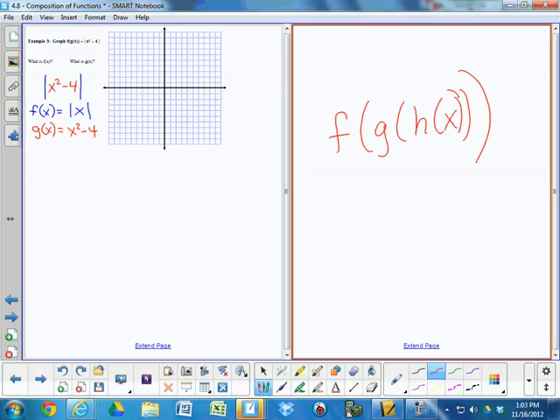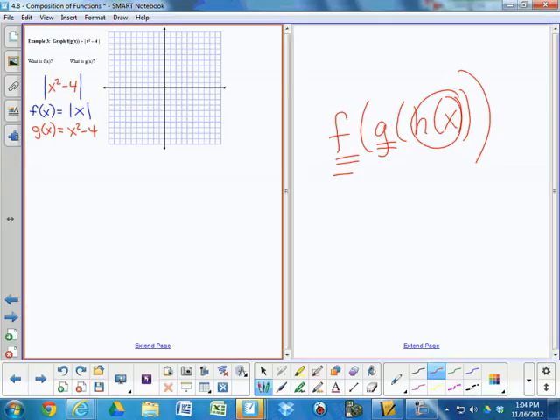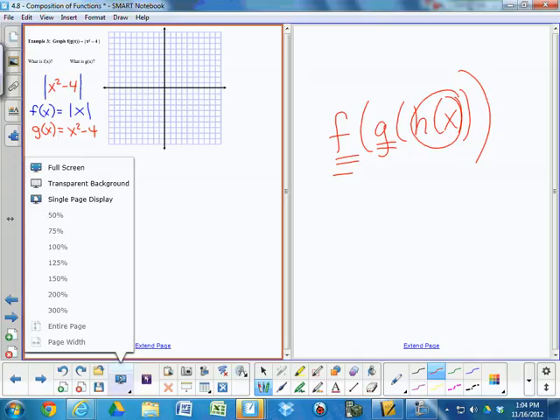That would be like a peanut M&M, where in the very center would be this h of x. That would be the inside function. Then the chocolate layer would be your g of x. Then the outer shell would be your f of x. So you work your way out from the inside. All right? We haven't seen many of those triple functions yet, but we may.